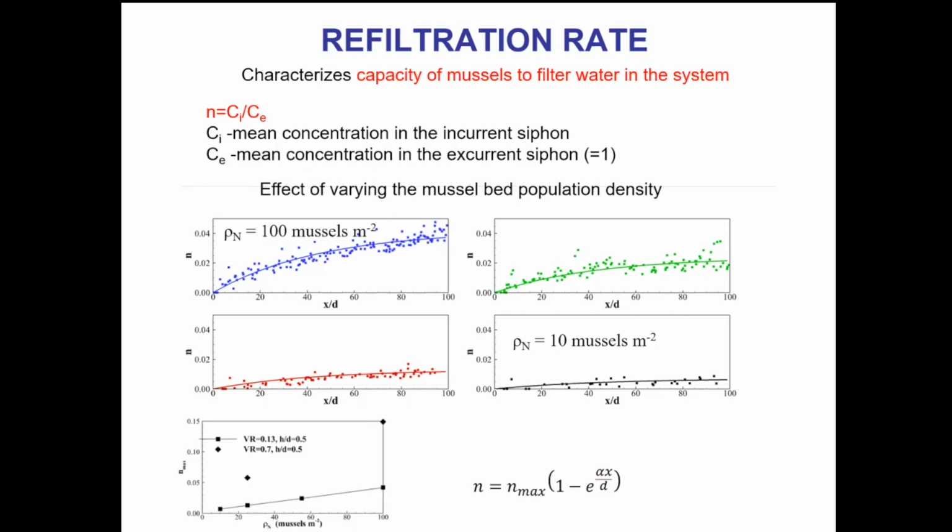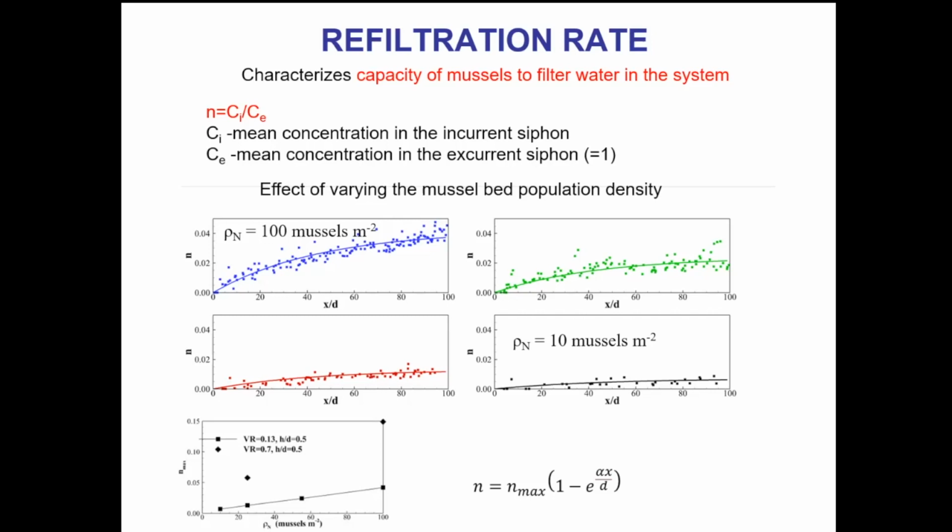So you can see that for the mussel situated at the leading edge of the mussel bed, where basically there is no filtered water hitting them, this CI is equal to 0, so then the refiltration rate is equal to 0. But as we go further downstream, the refiltration rate increases, and you can basically propose a simplified model, which basically has a constant multiplied by 1 minus an exponential function, and then you can get the value of these two model constants as a function again of mussel density, of the filtration velocity, of the protrusion height, and so on.